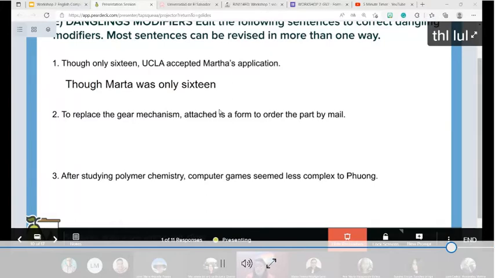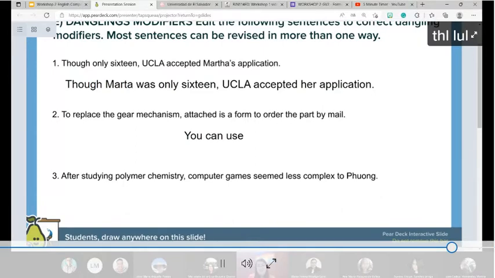You can use the attached form to order the part by mail.